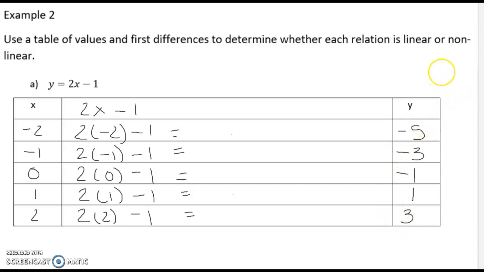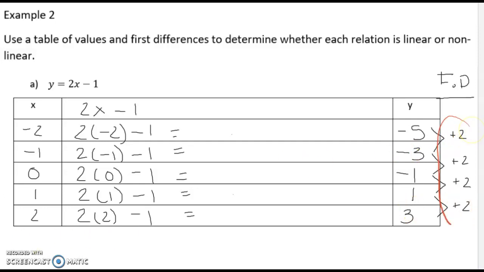So now what I'm going to do is I'm just going to add in the first differences column. And we're going to look. So to go from -5 to -3, we had to add 2. To go from -3 to -1, we had to add 2. To go from -1 to +1, we had to add 2. To go from 1 to 3, you have to add 2.